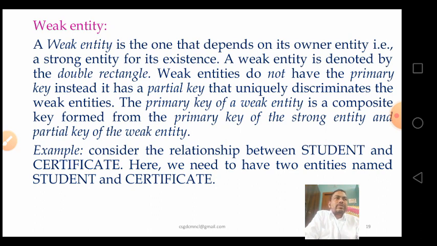For example, the relationship between student and certificate. These are the two entities, certificate and student.